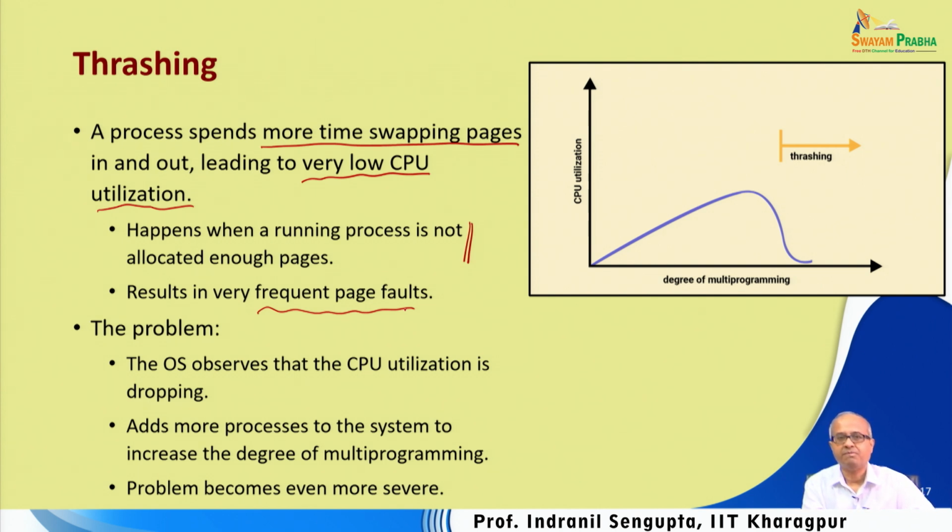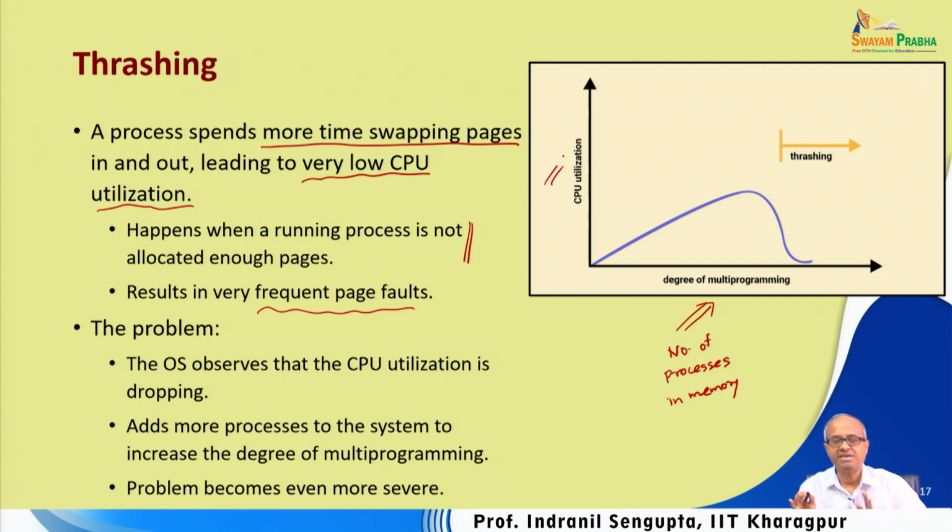Now, the graph on the right, you just study this. On the x axis we are plotting degree of multiprogramming. Degree of multiprogramming means number of processes in memory. And on the y axis we are plotting CPU utilization.